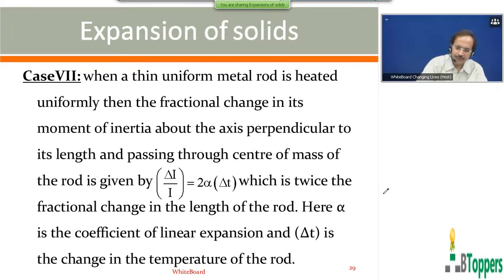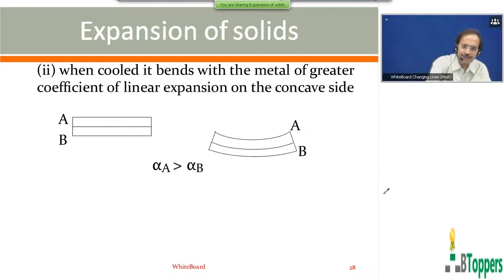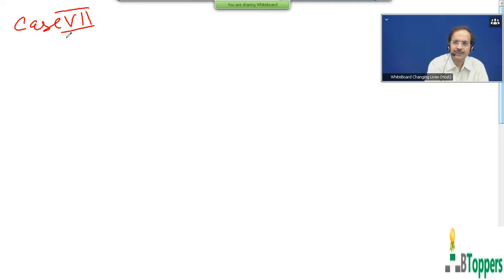Next I am going to discuss one more special case, case 7, that is how to find the percentage change in the moment of inertia of a uniform rod when temperature changes.